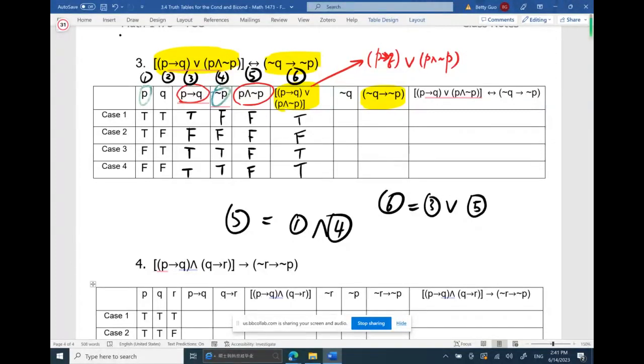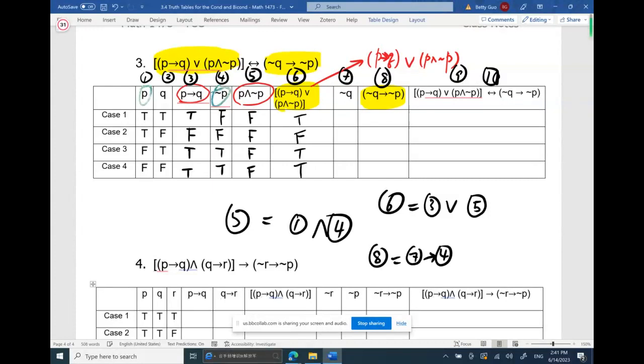The second piece is not Q. So let me label this number 7, number 8, number 9, number 10. Number 8 is 7 implies 4.